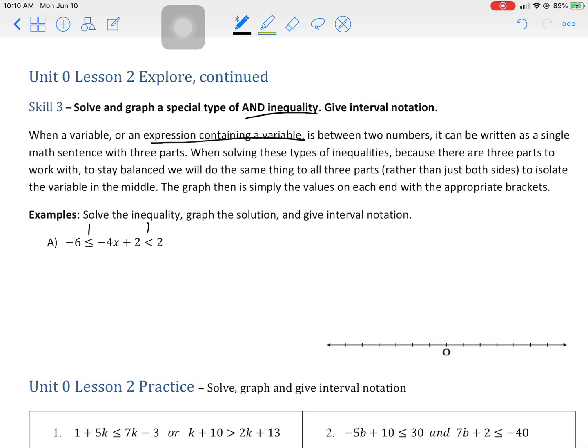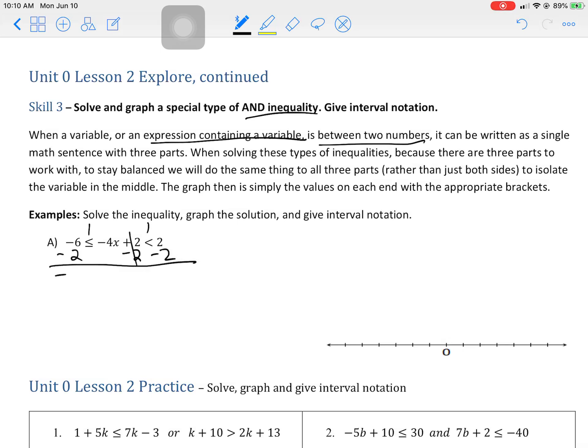The expression containing the variable is between two numbers. It's written in three parts, and you want to solve by starting in the center. You want to isolate this x in the middle here. You solve by getting rid of the term that's in there with it. Whatever you do to one, you do to the other two, instead of just doing it to the other side.